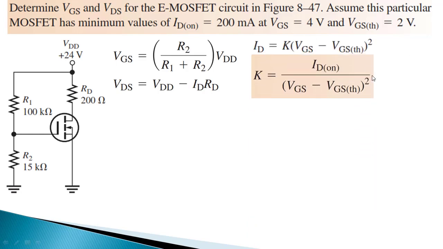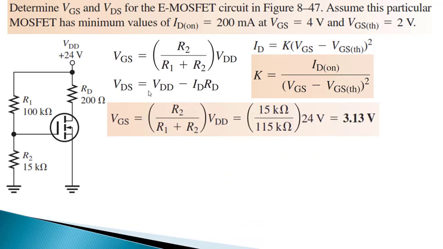What we are asked is VGS. We can directly calculate VGS: R2 divided by R1 plus R2 into VDD, all the values are given. Substituting, VGS equals 3.13 volt.